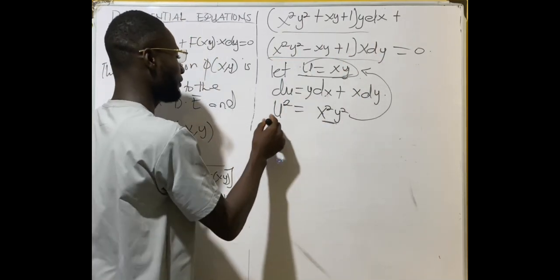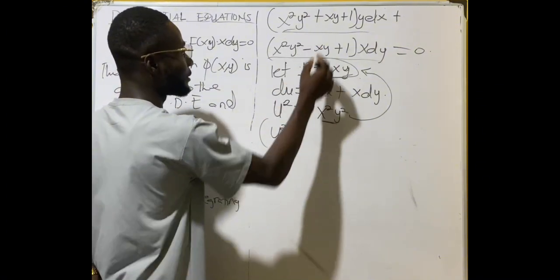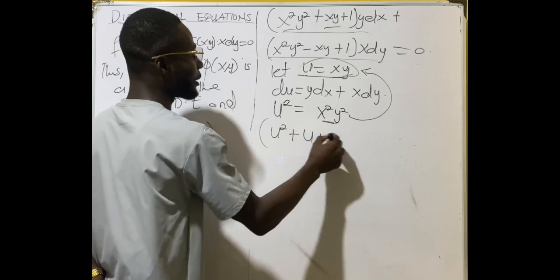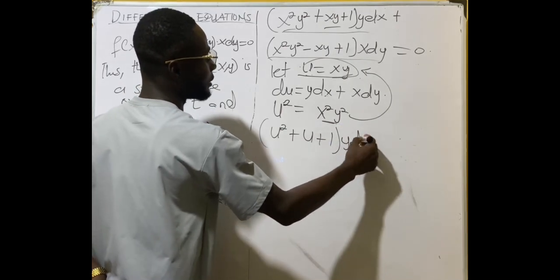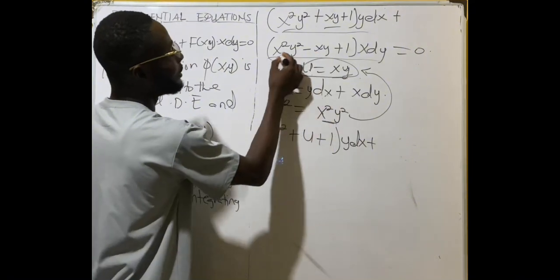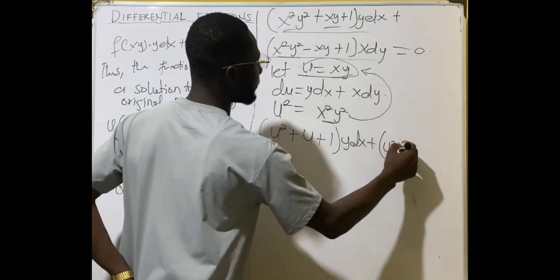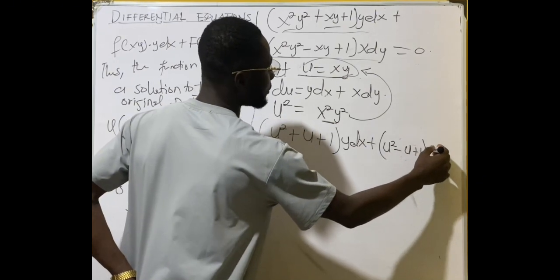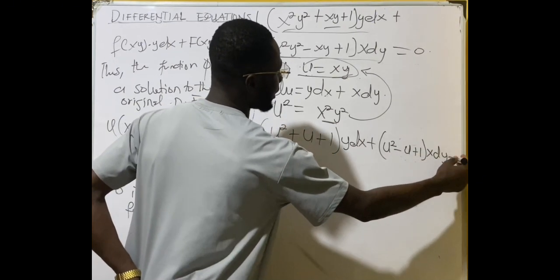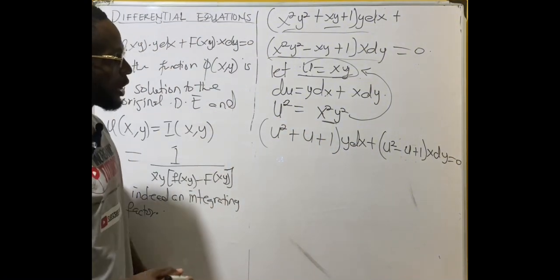So we're going to have u squared plus u plus 1, all multiplied by y dx, plus u squared minus u plus 1 multiplied by x dy equals 0. Okay, so what can we do here?